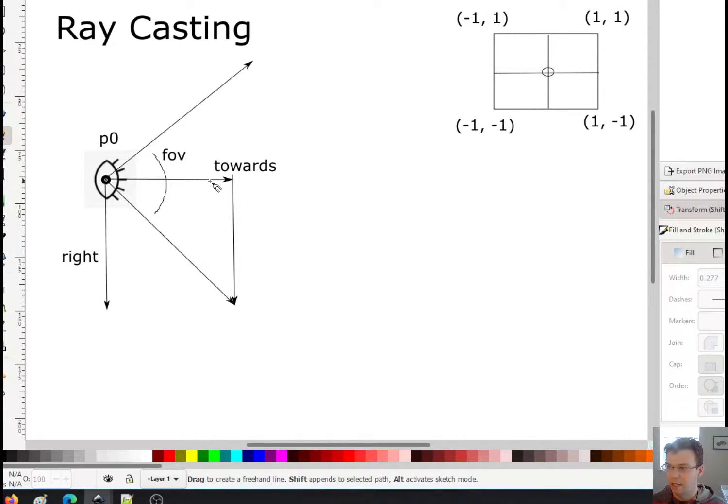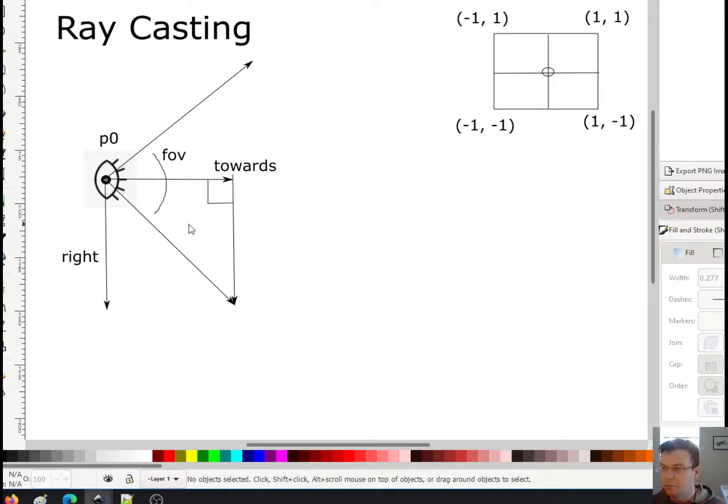So now we just go back to some trig and notice this is a right triangle, since right and towards are perpendicular to each other. And since I said this is symmetric, this is half of the full field of view, everything to the right side. We have a congruent triangle on the other side.